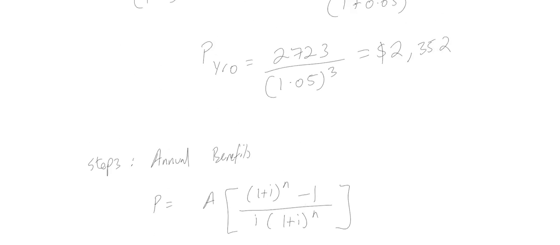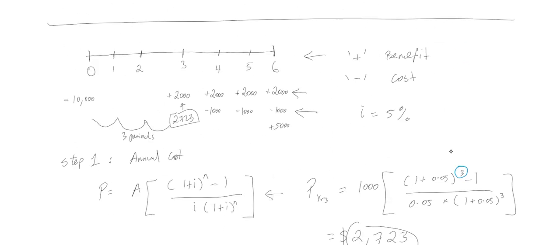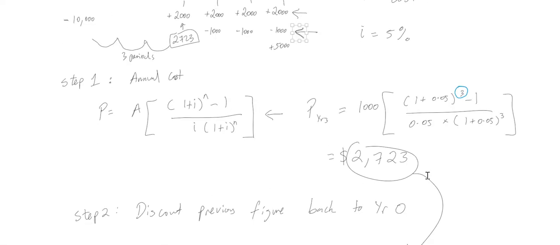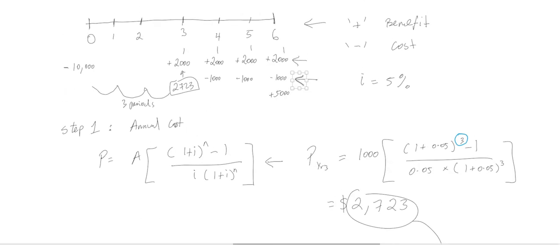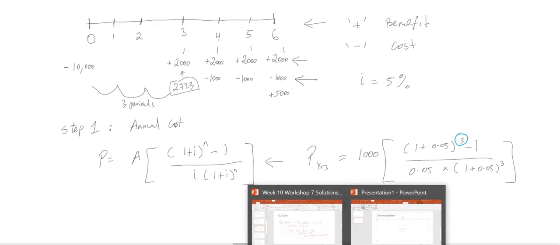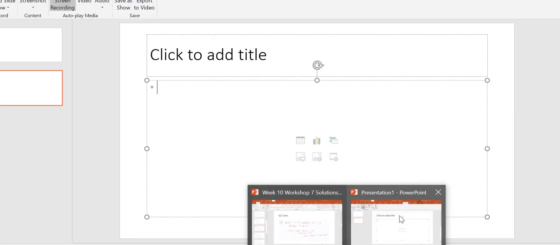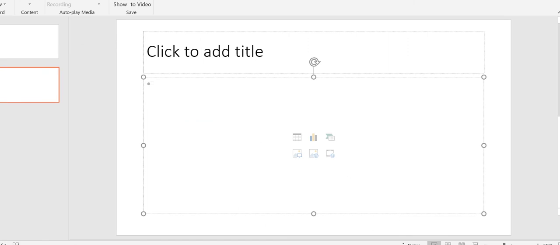Now the n, again, in this case, you have to count how many payments we have. So we have 1, 2, 3, 4 payments.